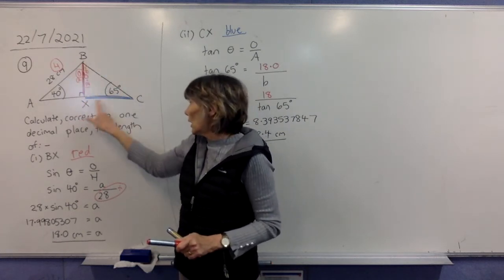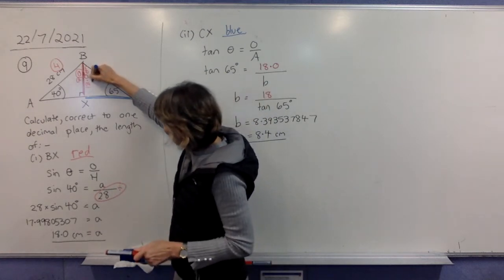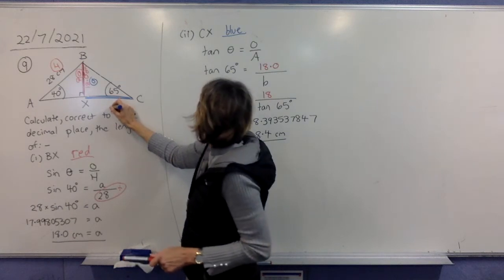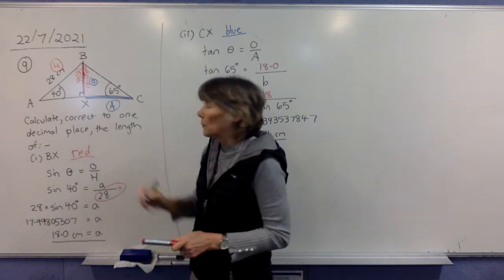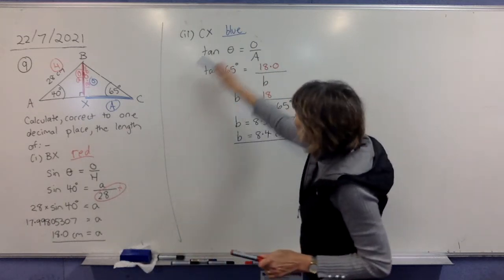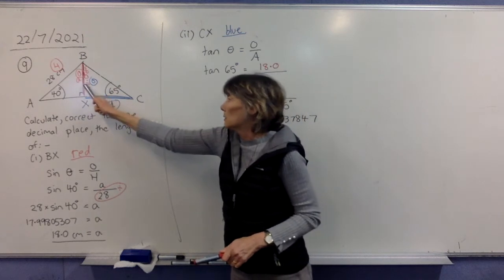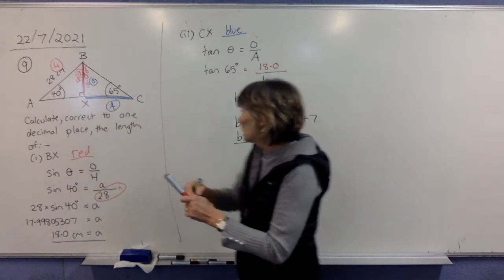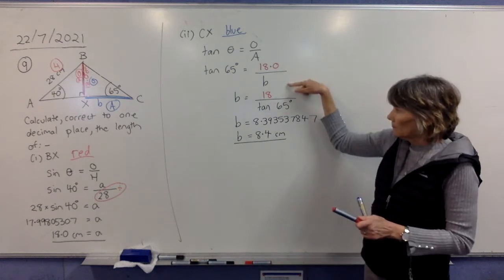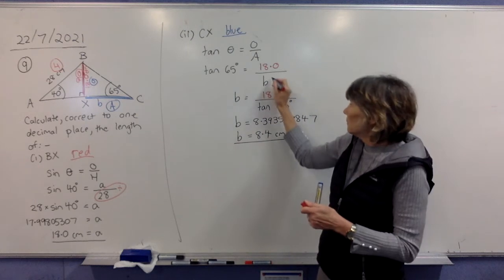So looking at this triangle on the right, this one is the opposite side to our angle, and this one is our adjacent side. So we're going to be using tan. So if we look over here, we have tan theta equals O over A, tan 65 equals 18 over, and I'm going to call that B. And then after that, we've got our letter on the bottom.